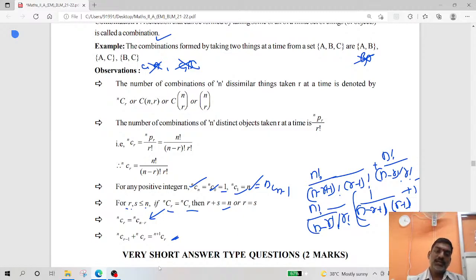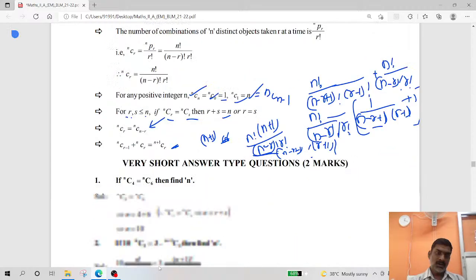So n factorial into (n plus 1) divided by (n minus r) factorial into r factorial. Okay, so what do we get? We can get (n+1)Cr. Here (n minus r) into (n minus r minus 1) is (n minus r) factorial, and r factorial into (r plus 1) is (r plus 1) factorial.